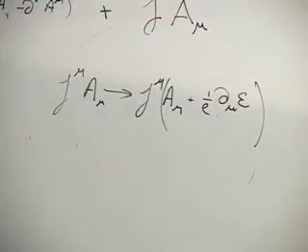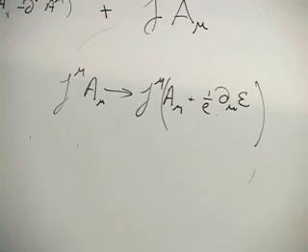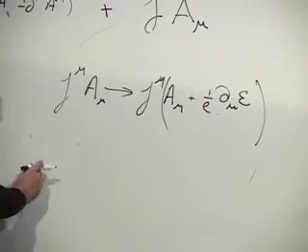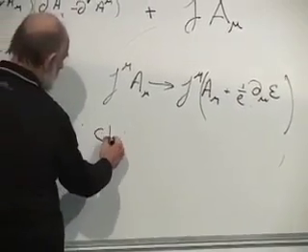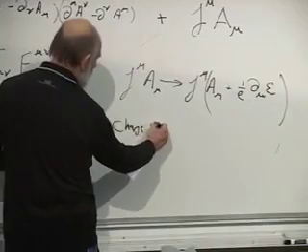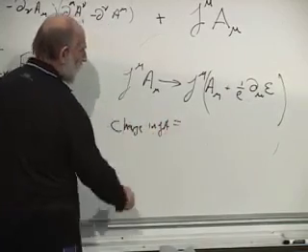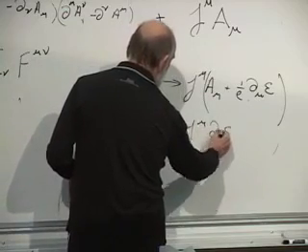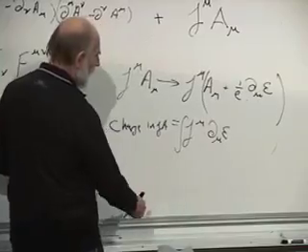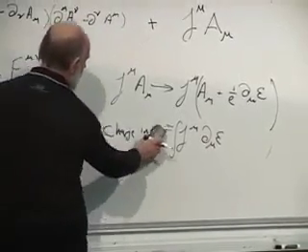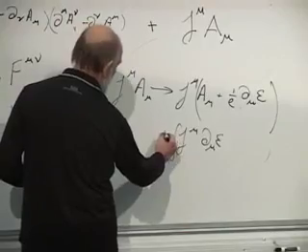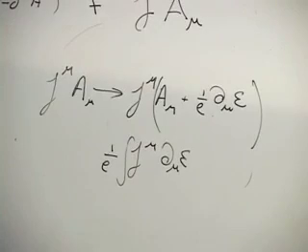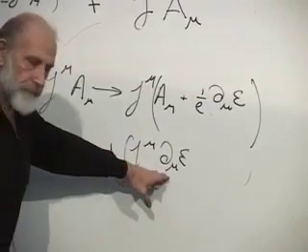That's the way the vector potential changes. So the change in J·A is the integral of J^μ ∂_μ ε, with a 1 over electric charge. So the answer is, it's not gauge invariant. It has changed by this much.